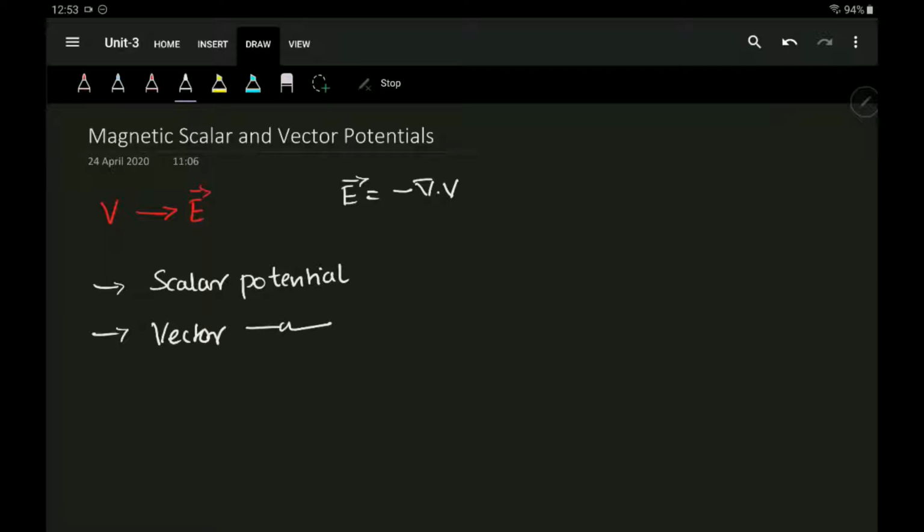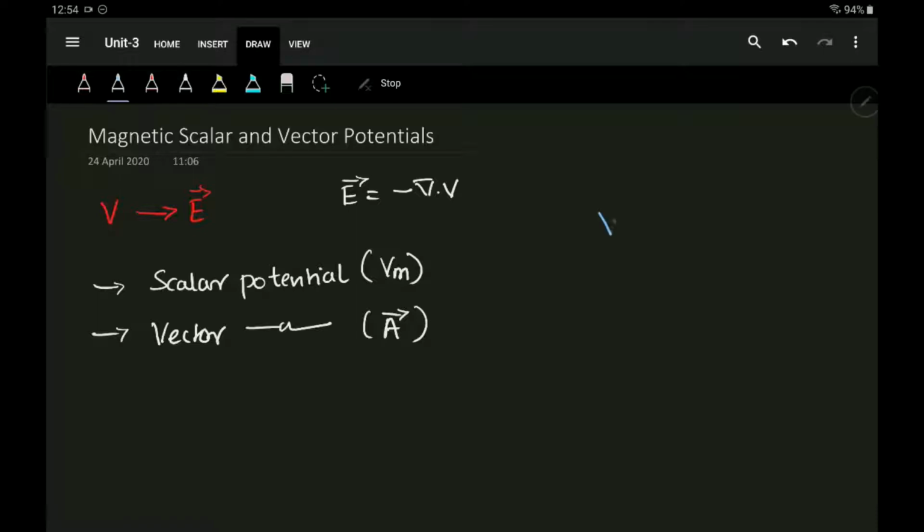Scalar potential is denoted by the same V with a subscript m, and vector potential is represented as a vector A. To define these potentials, firstly let us see a few identities of our curl operator that we have already seen in the sessions, which are useful over here.